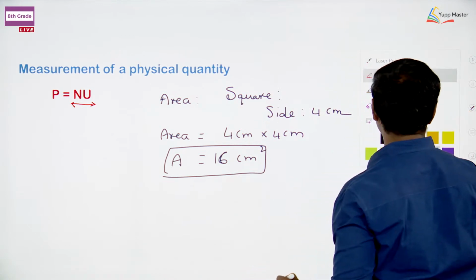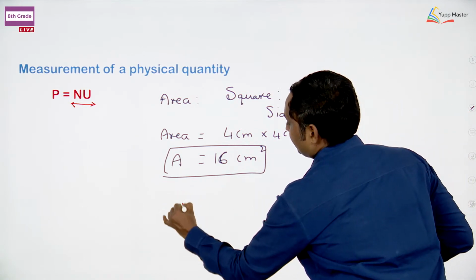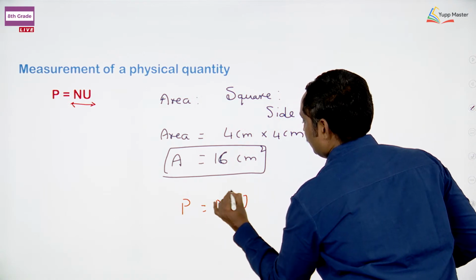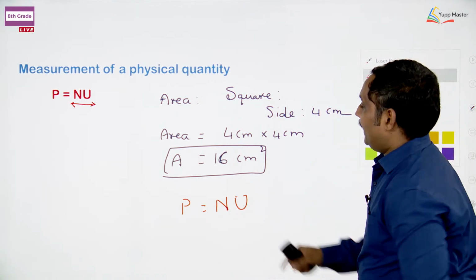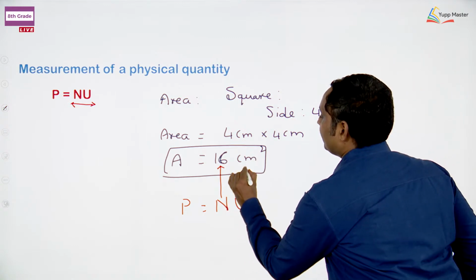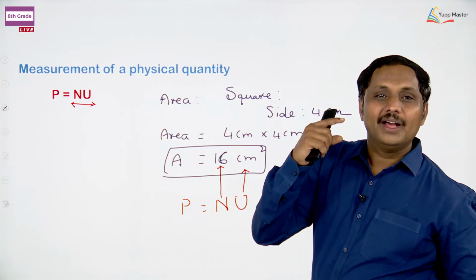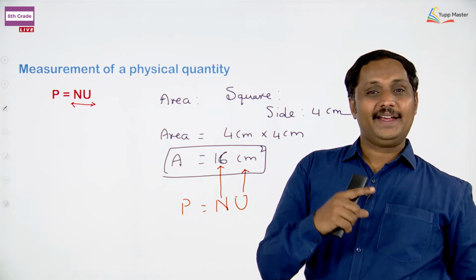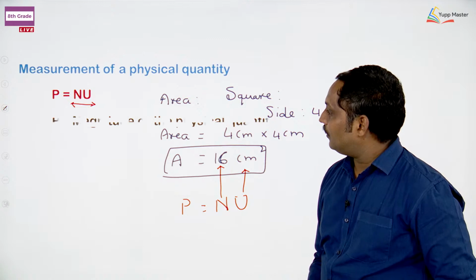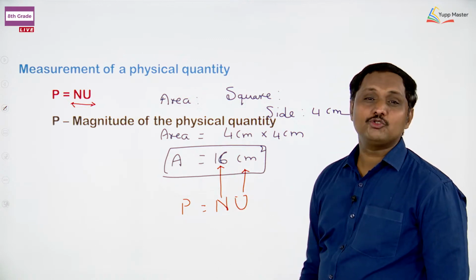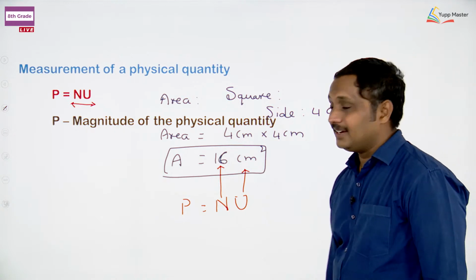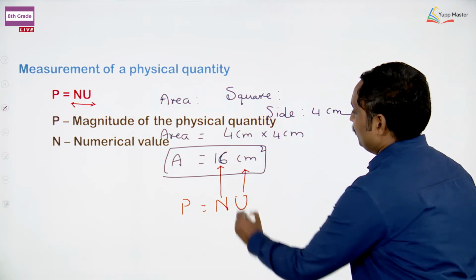It has been compared with the unit. P equals nU: N represents the value, U represents one unit, to express the physical quantity. It is very clear. Now what do you know about P, the magnitude of the physical quantity? What is N? It is a numerical value.